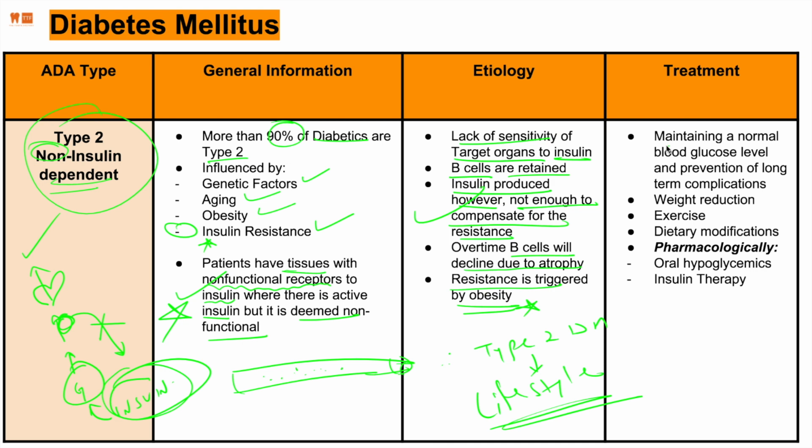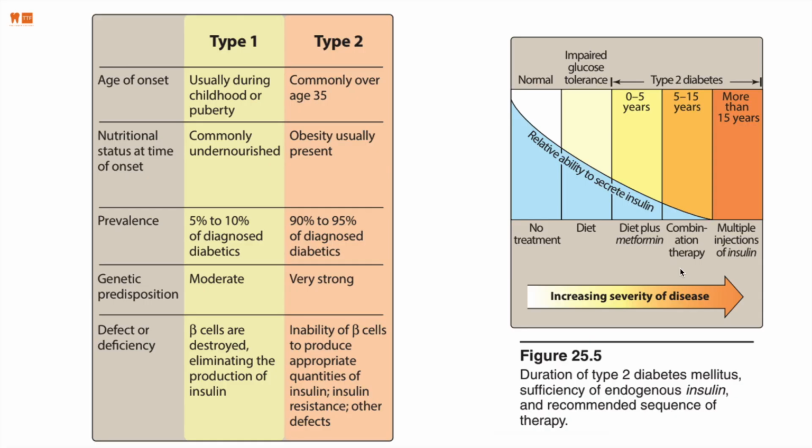The treatment is maintaining a normal blood glucose level, prevention of long-term complications, weight reduction, exercise, and dietary modifications. All of these fall under this area. Pharmacologically, of course, we have oral hypoglycemics that we'll talk about in a lot of detail. And then, of course, insulin therapy is always a good option.